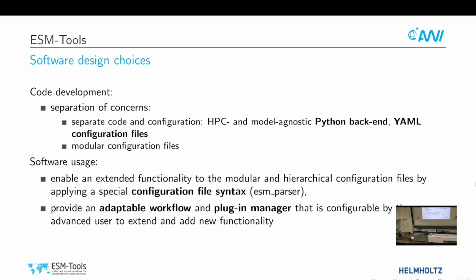For the development of the code, we separate code and configuration. So you configure your HPC resources, for example, independently from the source code. Then when you add an HPC or an ESM model to the tool, you can do this by just changing or adding configuration files.